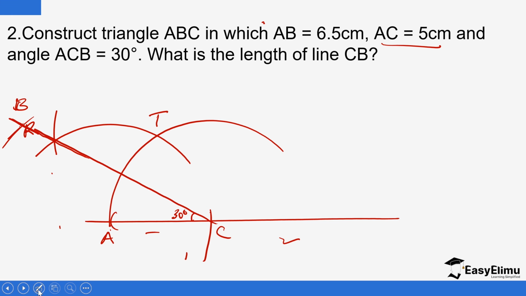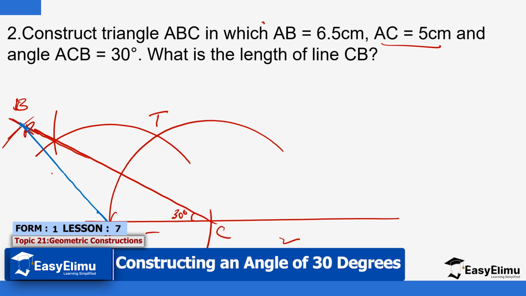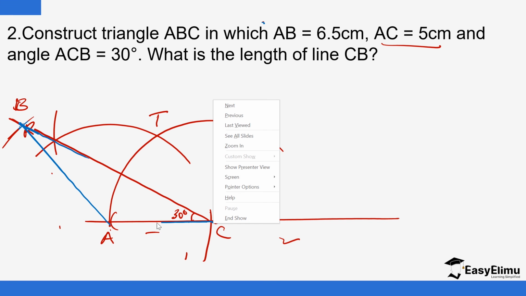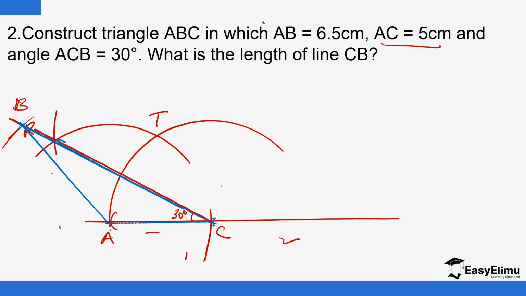Then you can complete the triangle by joining A to B, and then A to C. Then from C you go back to B. So we have our complete triangle.